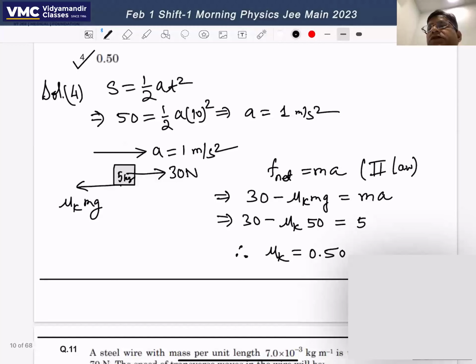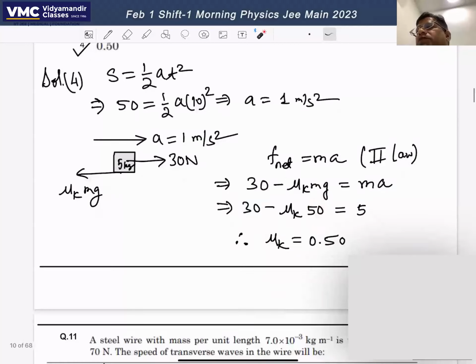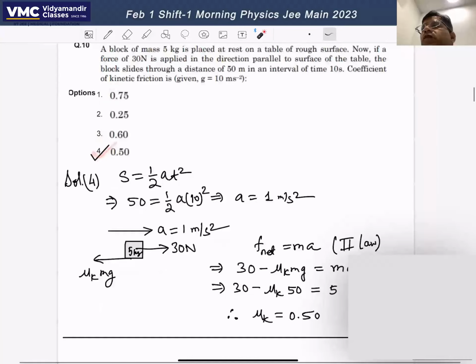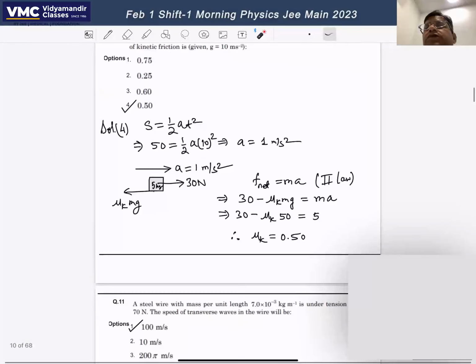The net force is 30 applied in the direction of acceleration minus kinetic friction mu k mg, which equals mass into acceleration. Here mg is mass into g, that is 50, mass is 5, acceleration is 1, and from here mu k comes out 0.50. So option 4 is correct.